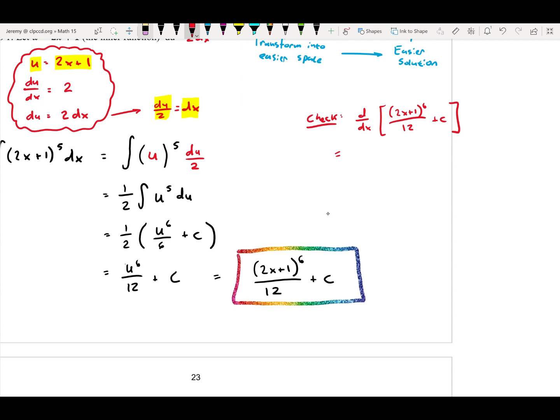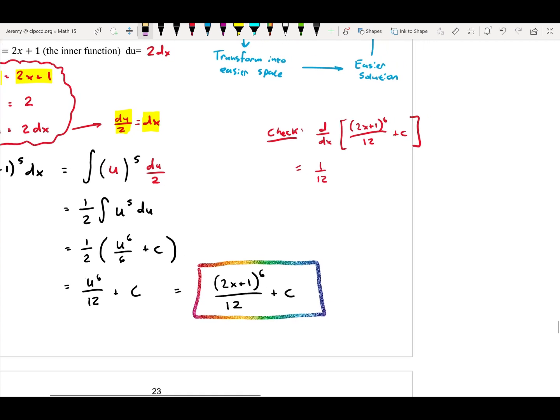Because I can leave the 1 over 12 on the outside for now. The inner function is 2x plus 1. The outer function is x to the 6th. So I would bring down the 6, and then I'd have (2x + 1) to the 5th. So that's the derivative of the outer function evaluated at the inner function. And then times the derivative of the inner function, which would be times 2. And then plus c, the constant goes to 0 when I take a derivative.